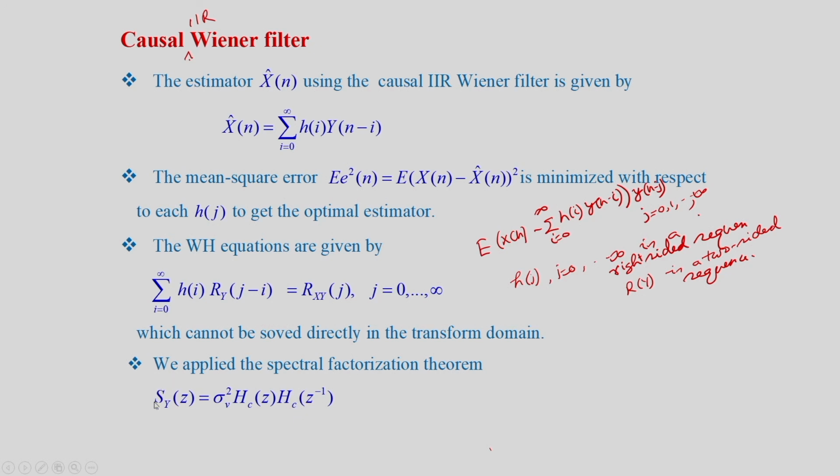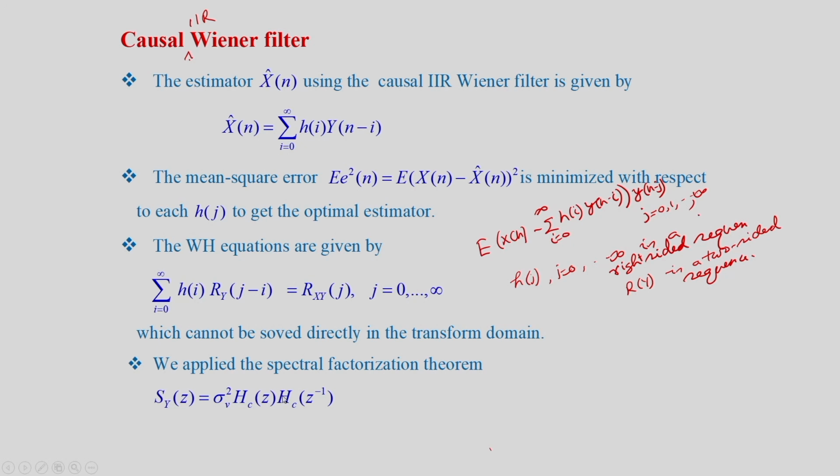Now, we will apply the spectral factorization theorem to the power spectral density of y, that is S_y(z) is equal to sigma v square into Hc(z) into Hc(z inverse). So, we will use this relationship to get a whitening filter.